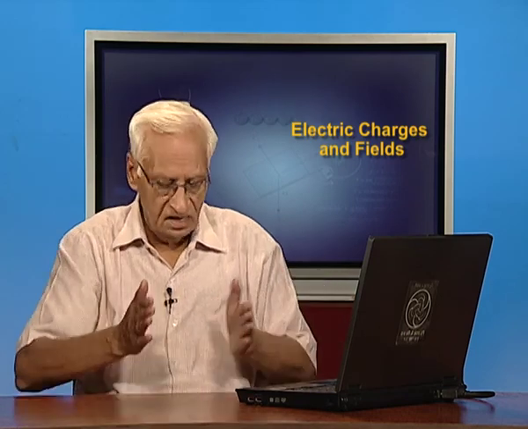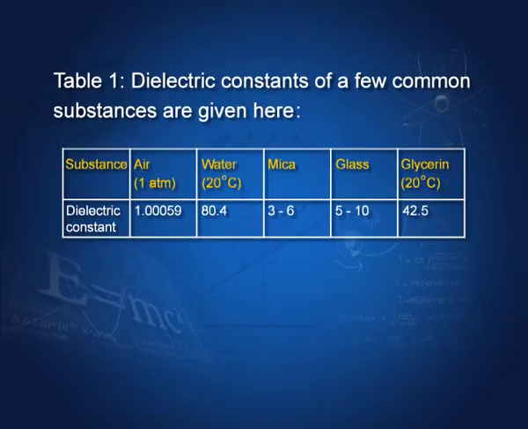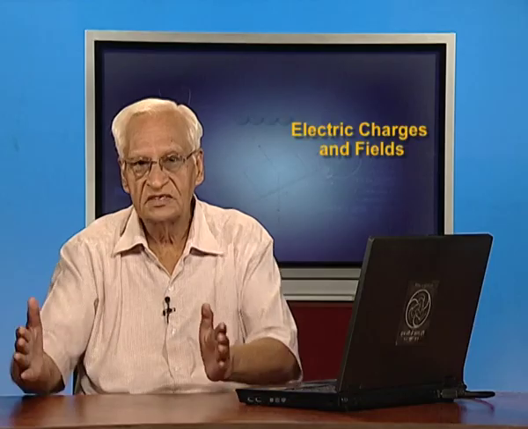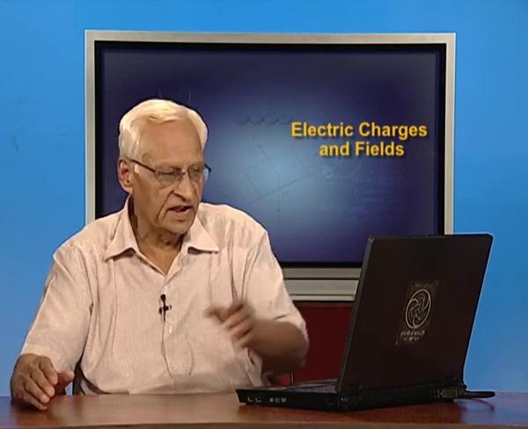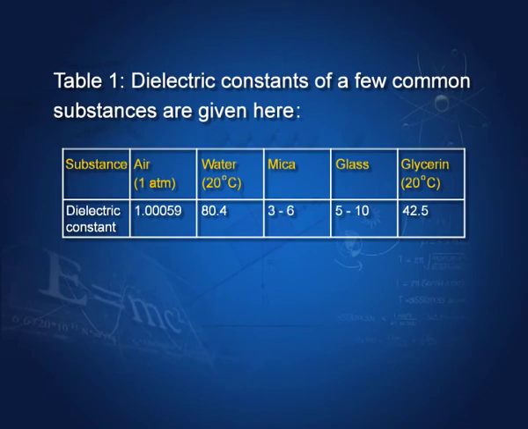It means that if the force is F in vacuum between two charges kept at distance r, then if I keep them in water, same charges, same distance, the magnitude of the force then is 1 by k times, that is, it is 80 times less than that in vacuum. That is the meaning of dielectric constant.